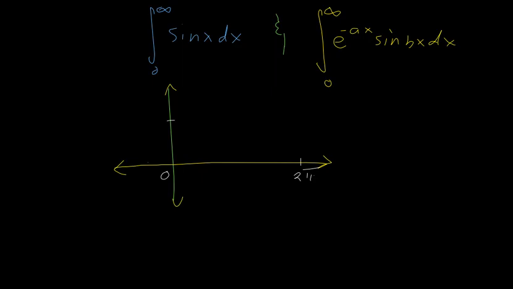Let's say this is 1, this is -1, then we have 0, then pi over 2, every 90 degrees in radians, then pi, then 3 pi over 2, which is 270 degrees, and then 2 pi. So here is my curve.